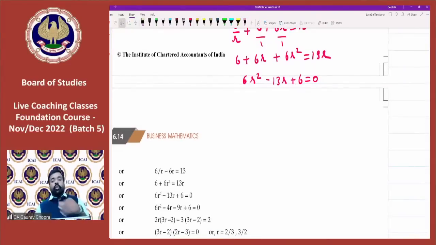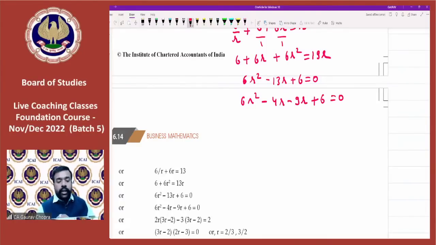Now we can use the quadratic formula, or we can even use the splitting method. So it can be split as 6R square minus 4R minus 9R plus 6 is equal to 0. Now we can take common. What is common here? 2R is common. What is left? 3R minus 2.